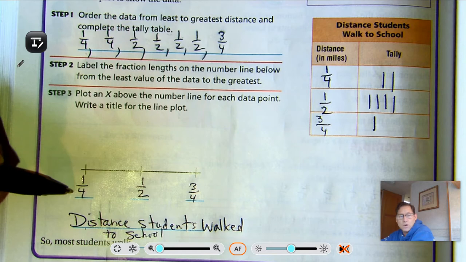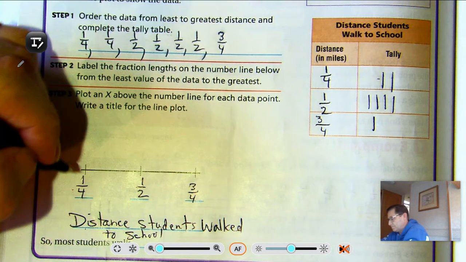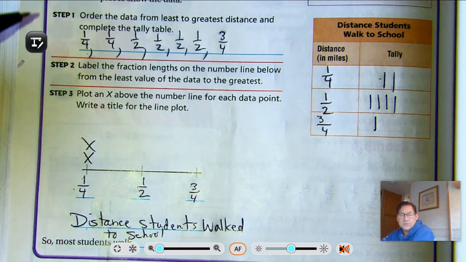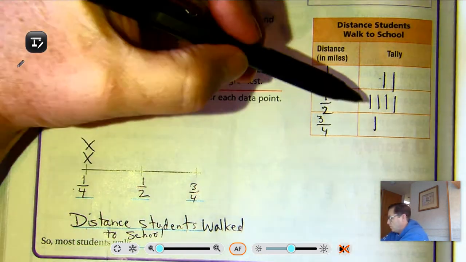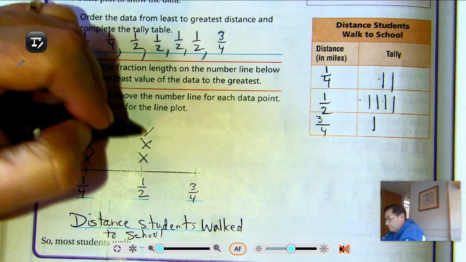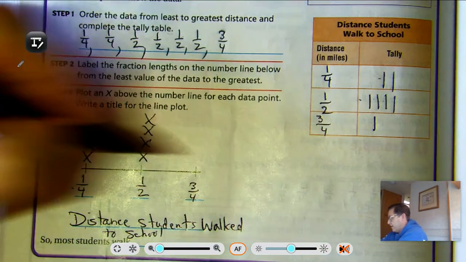So how many students walked 1/4 of a mile? 1, 2. How many students walked 1/2 mile? 1, 2, 3, 4. How many students walked 3/4 of a mile? 1.